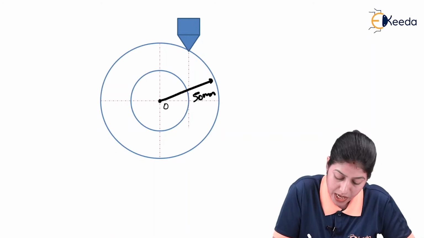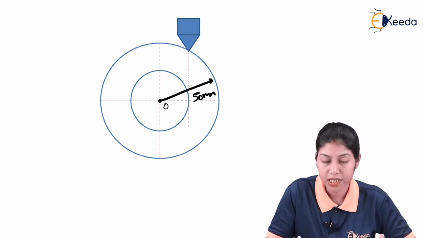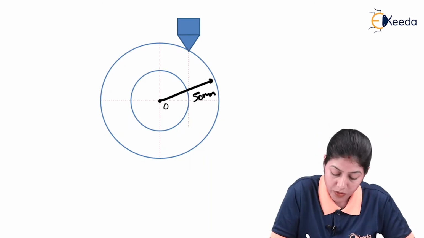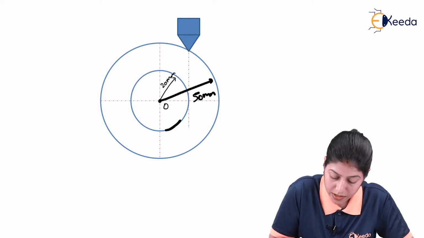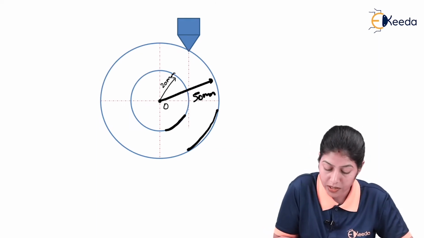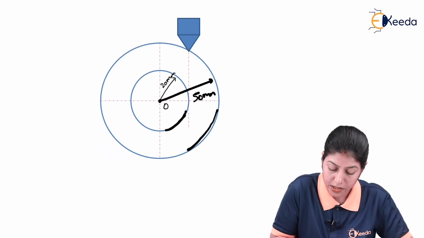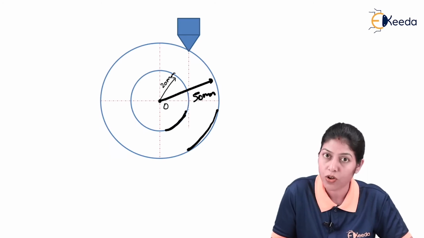As we have this center and we know the offset dimension is given as 20 mm, first we will draw a circle that is called the offset circle with 20 mm diameter. First we will draw this bigger circle with 50 mm diameter, then this smaller circle with 20 mm diameter. So here we can get the exact position of the follower.